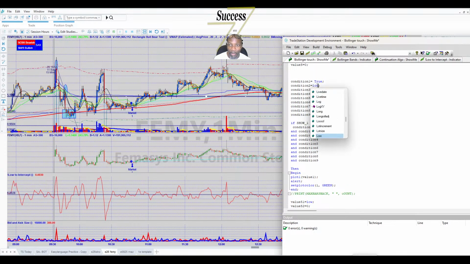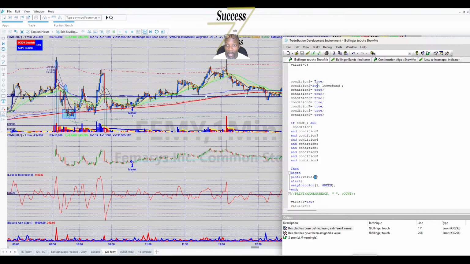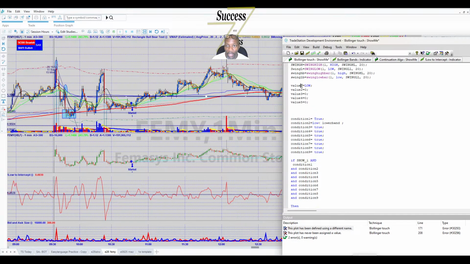We're gonna say, if lower band, because you don't want to get in at the top, you want to get in at the bottom. Lower band, let's see, low is less than lower band. Plot has been defined using a different name. Value 1, okay, so let's make this like value 17, because value 1 has probably been defined and used in the script from the Bollinger Band.